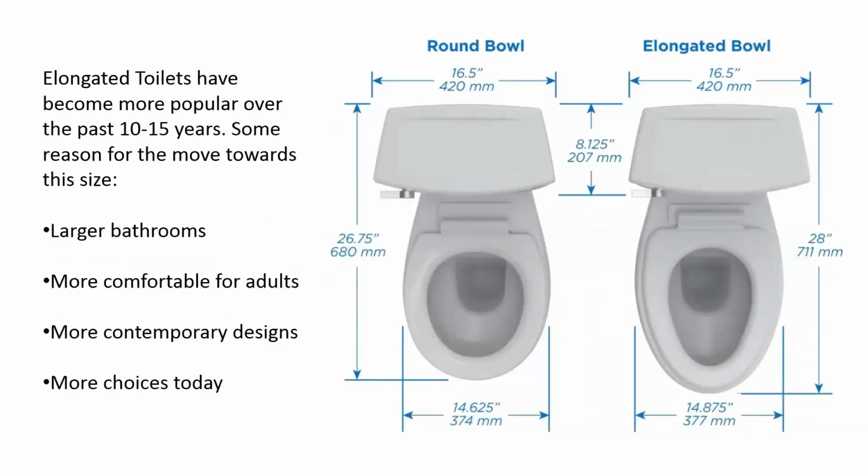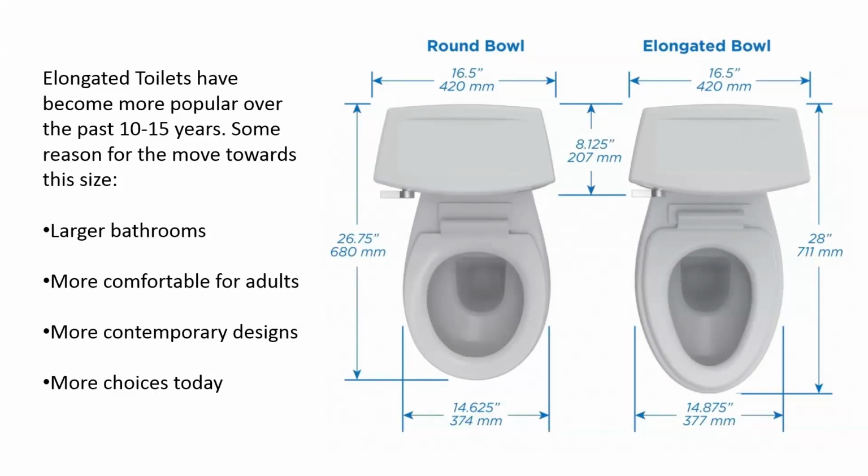Another consideration with toilets is elongated versus round. Elongated has become about 90% of the option choice for consumers these days. The round choice is usually used if there are strict limits to the amount of area or knee space or space that one can sit on the toilet, and also where there may be a much more traditional or historic installation that a round toilet would be more appropriate.